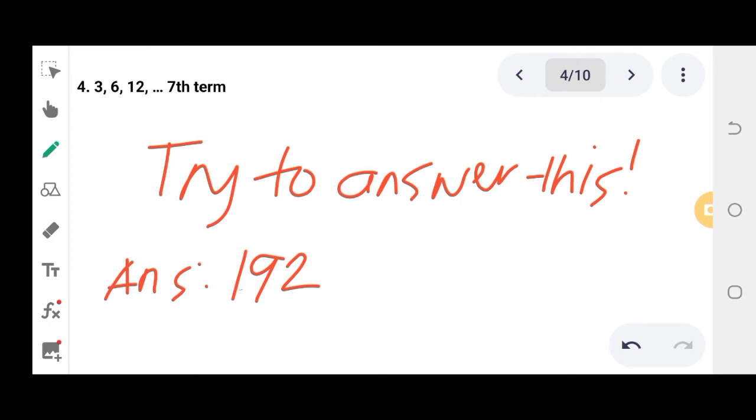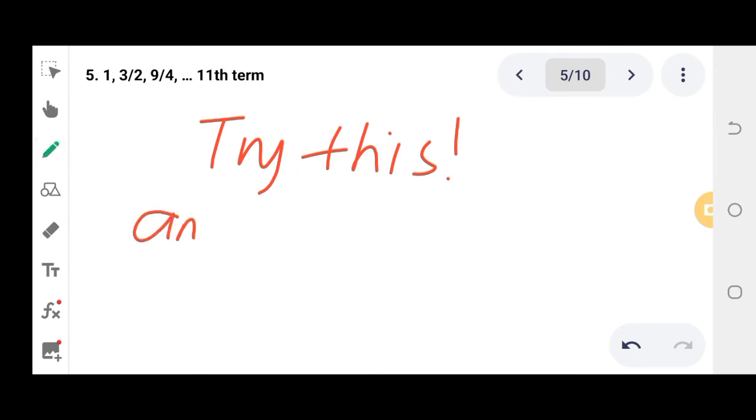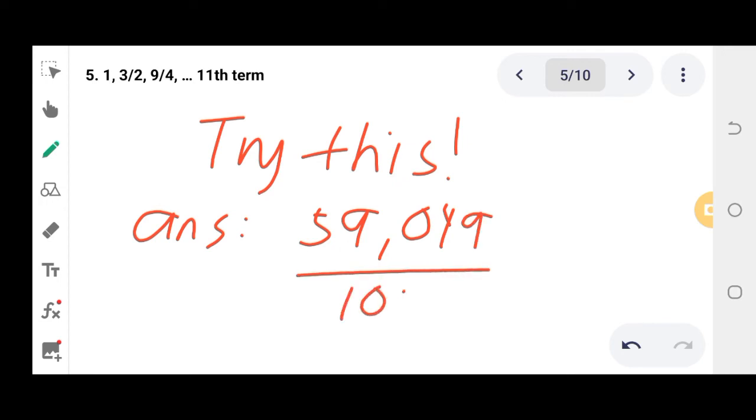So, you try to solve, then, kung tama yung sagot mo, dapat 192. Also, this one, try this. Yan. Practice. The answer dito is 59,049 divided by 124. Yan. That's the final answer. So, try nyo to sagutan. Then, check if you got the correct answer.